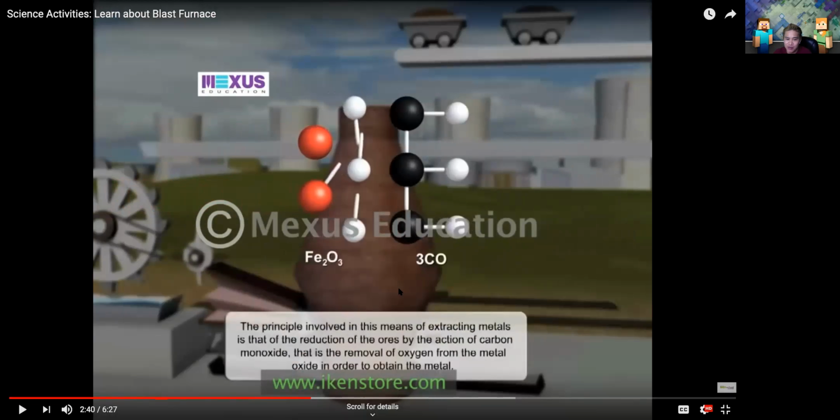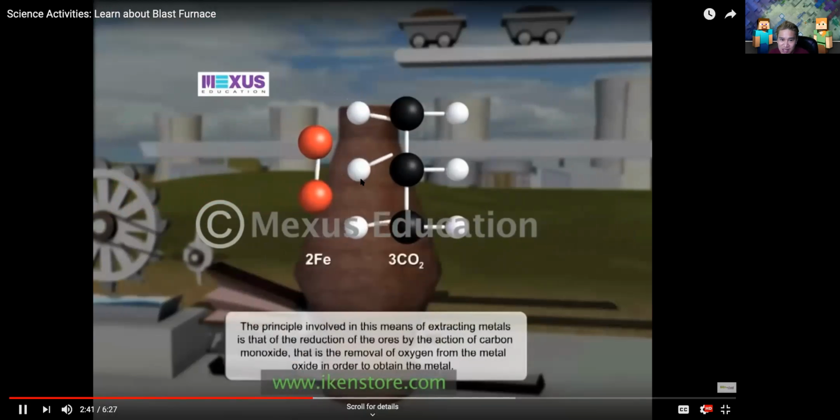So the principle involved in this means of extracting metal is the reduction of the ores by the action of carbon monoxide. That is the removal of oxygen from the metal oxide in order to obtain the metal. So we remove oxygen from the metal oxide in order to obtain the metal.